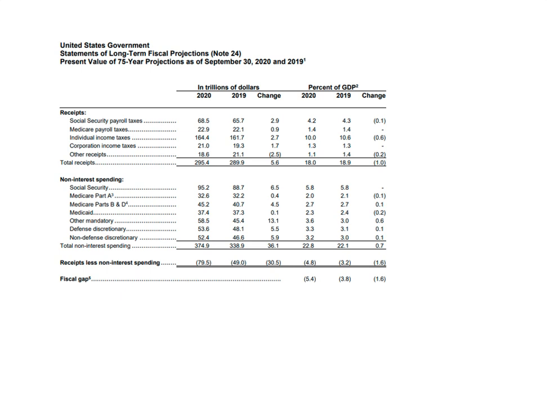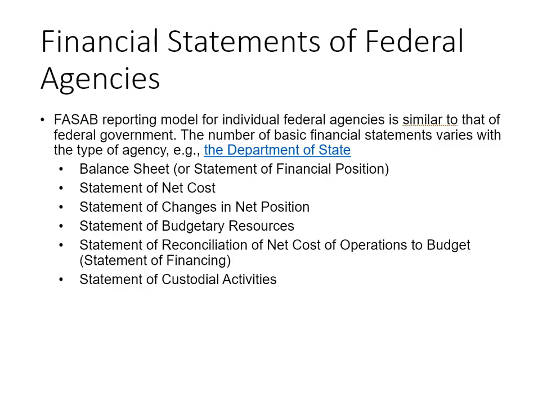All right, so let's also take a look at the financial statements for federal agencies. For federal agencies, the FASB reporting model is similar to that of the federal government. The number of basic financial statements varies with the type of agency. For example, our example is from the Department of State.